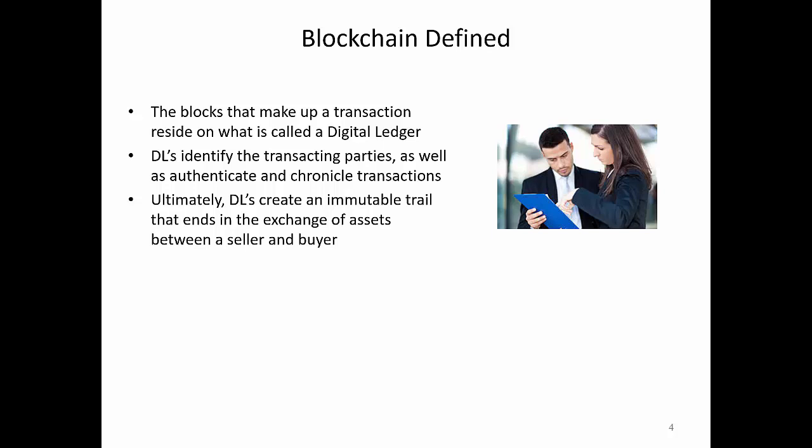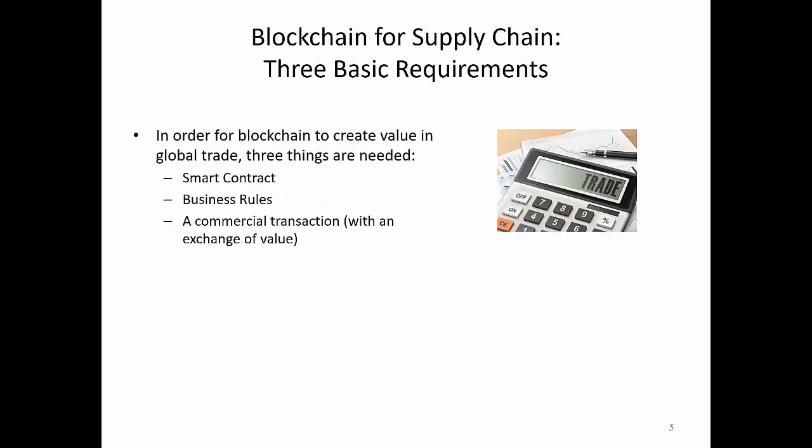We can see at a basic level just how attractive this is to international trade. And what we're really interested in, to summarize, is that immutable trail, a blockchain that cannot be changed without the consent of the parties, terminating in the exchange of assets between that seller and buyer.